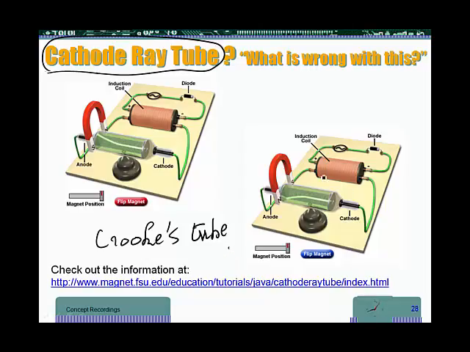In this case, the tube is represented here. What we have is some type of power supply that's going to subject two ends of the tube, one of them called a cathode and one of them an anode, to a high voltage. Because of that high voltage, electrons are going to be able to flow from the cathode to the anode.